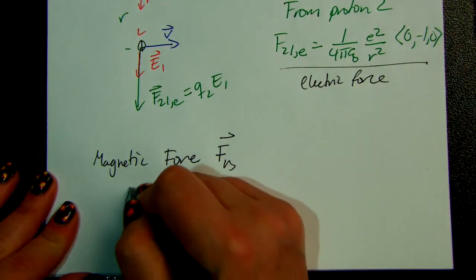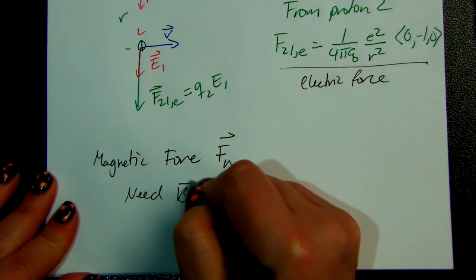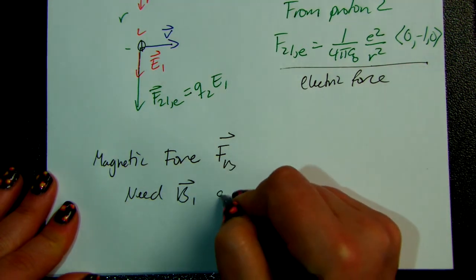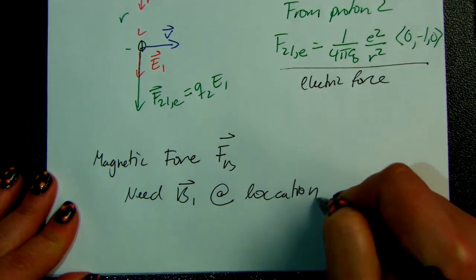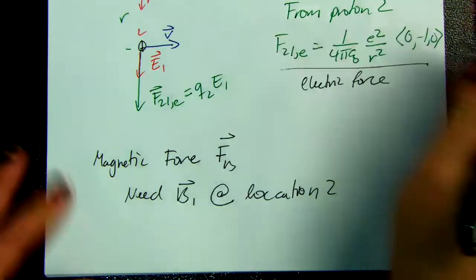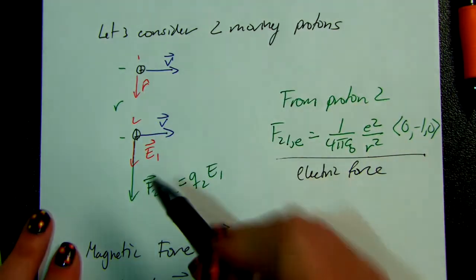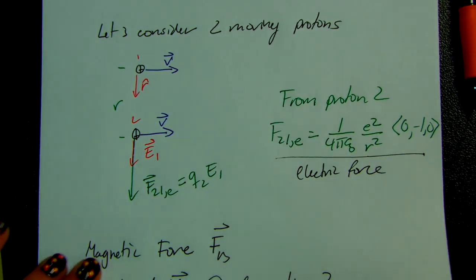We're going to need the magnetic field from particle 1 at location 2. So location 1, location 2.